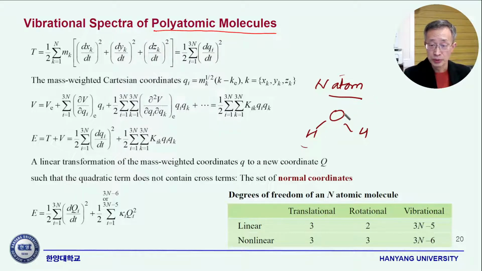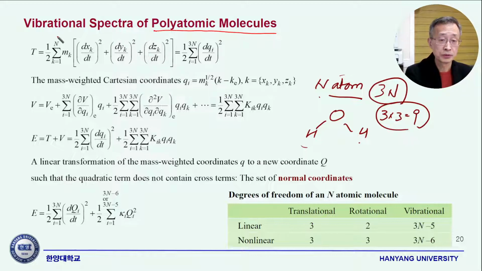Each atom has a coordinate in Cartesian space: 3 coordinates, in the x, y, z directions. So in this case, 3 times 3, 9 coordinates. If there are n atoms, there are 3n coordinates.